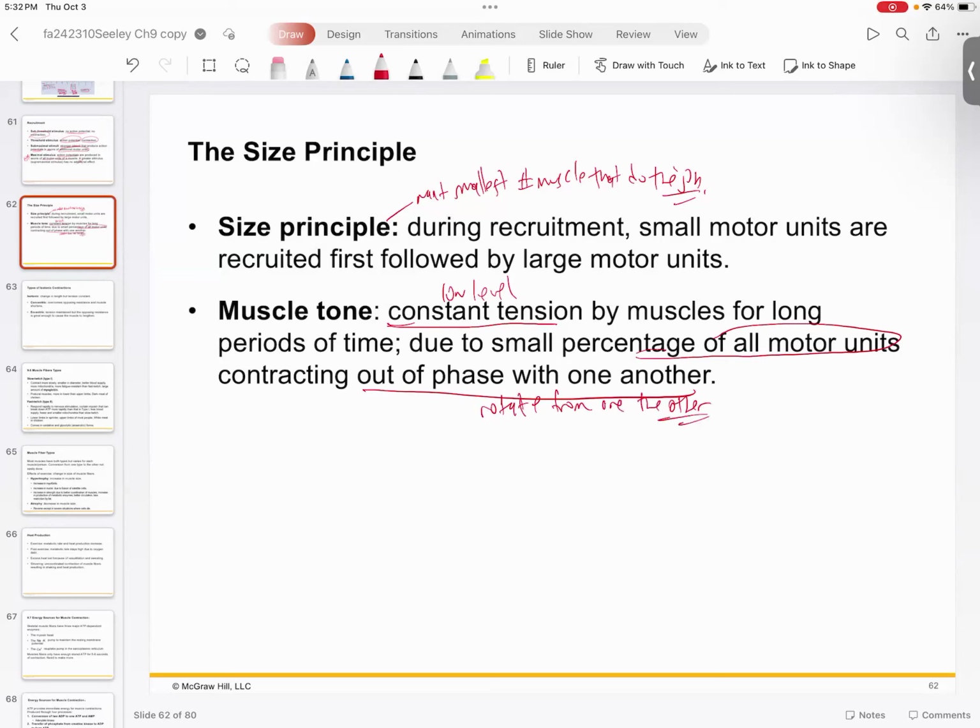This low level of constant tension creates a state of readiness of the muscle, making it more efficient to contract.